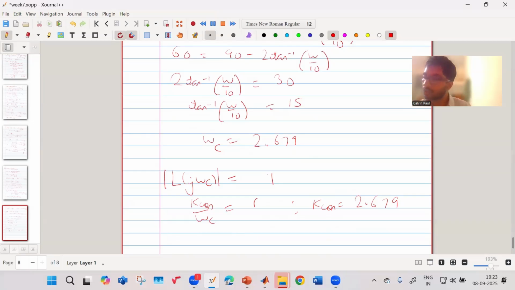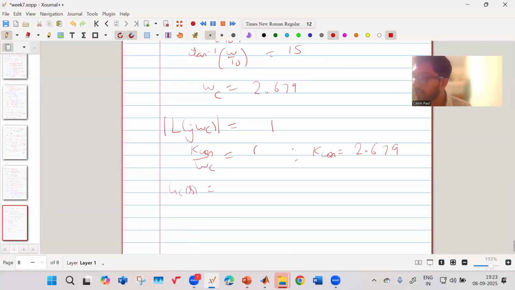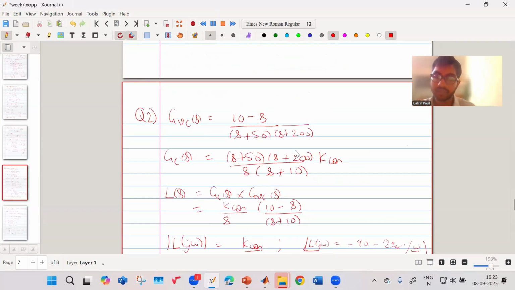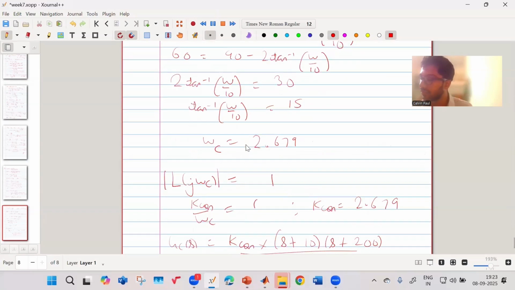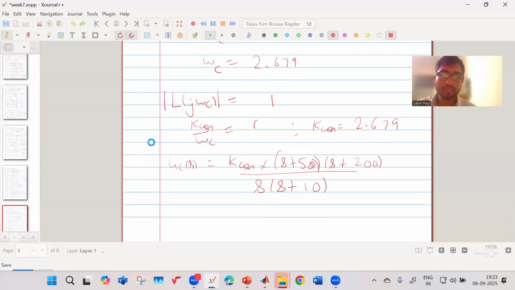That's how we have designed our controller G_C(s), which is K controller into (s plus 10) into (s plus 200) on s into (s plus 15). One of it was missing, it is s plus 15. So this K controller is 2.679. So till this we have done.